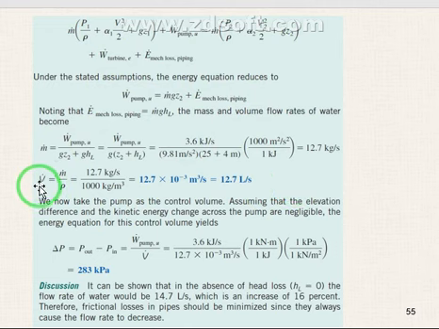We will have V dot equal to m dot over rho. This is what we call the volumetric flow rate. This pump can do 12.7 liters per second. Nice amount, by the way. In 1 second it can pump about 13 liters. It's not bad, right?